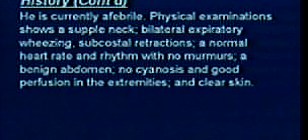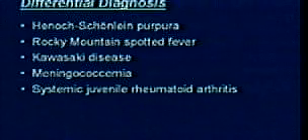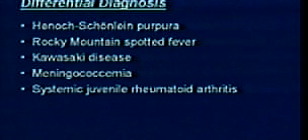So we're going to continue to see if in our workup and if in our management we're correct. He's currently afebrile. There's no other problems noted on physical examination. So Henoch-Schönlein purpura is at the top of our list.